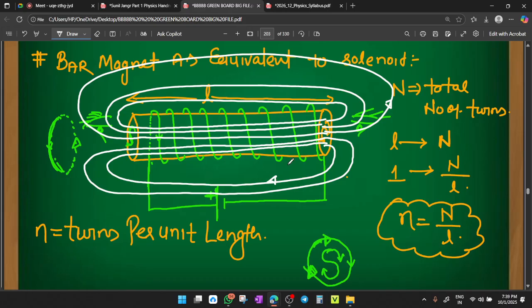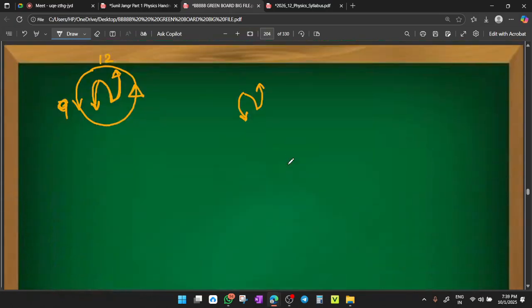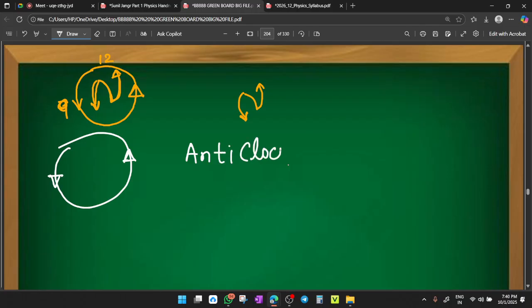Clear? Any problem regarding this theory? Okay, one trick I can give you. When the current is anti-clockwise, okay, anti-clockwise. So can you say this 'anti' as 'N'? Look, this 'anti' has N, okay?